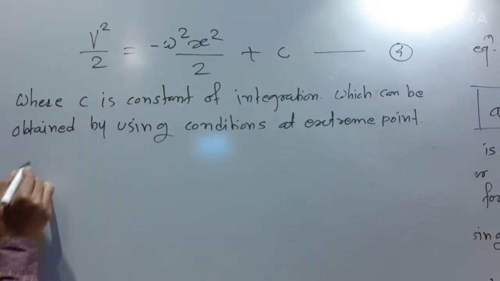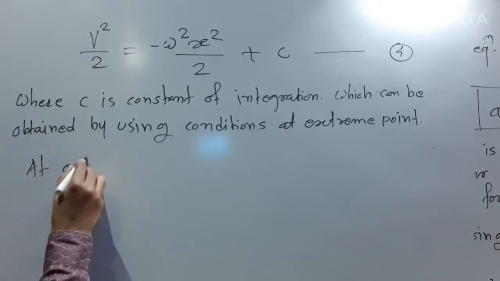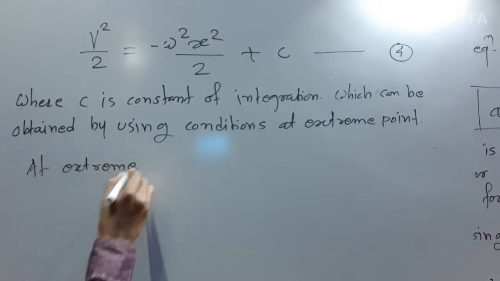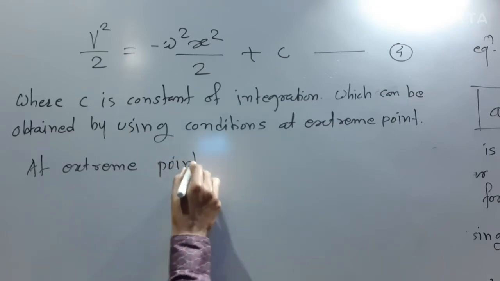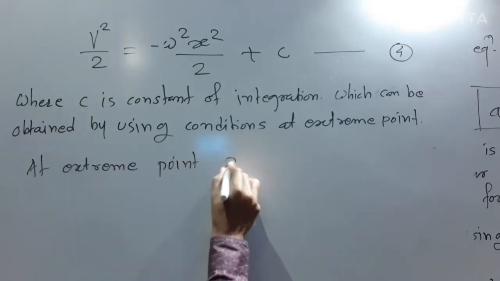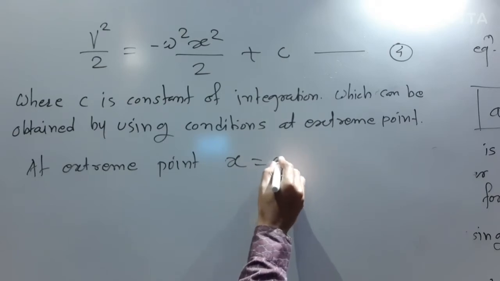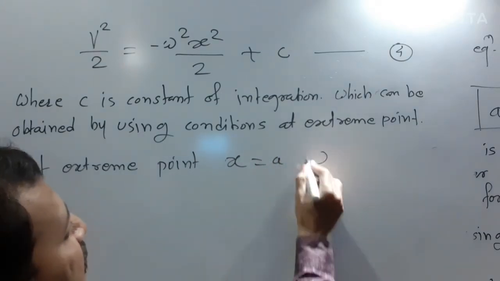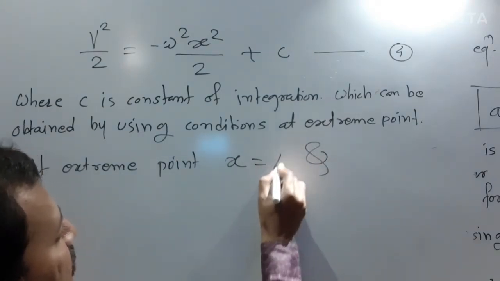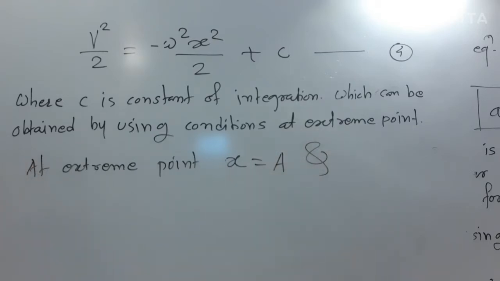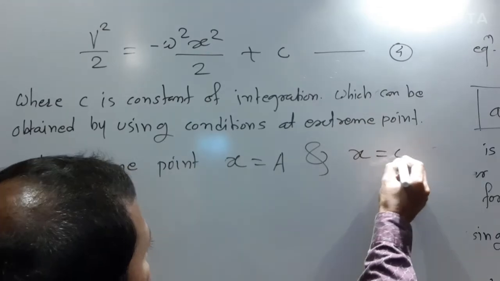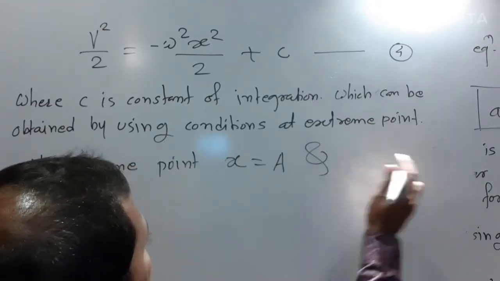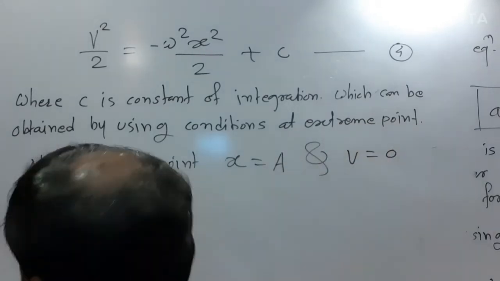We know that at the extreme point, x is equal to a, where a denotes the amplitude, plus a, and v is equal to 0.